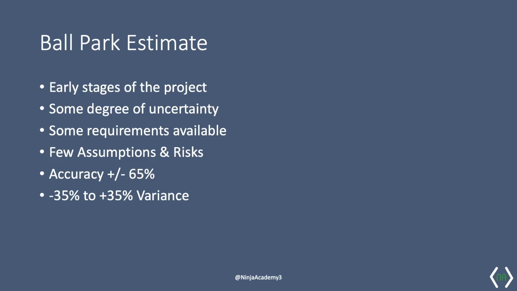Ballpark estimates provide decision makers with the information necessary to make a decision on whether it makes sense to move forward with the project based on the estimated level of effort. Here too, the estimate is provided by an SME who is knowledgeable and experienced. Accuracy is slightly higher in comparison to ROM at 65% with a variance of plus or minus 35%.